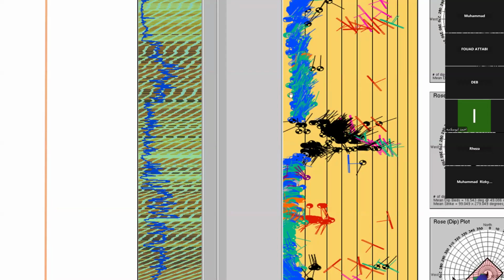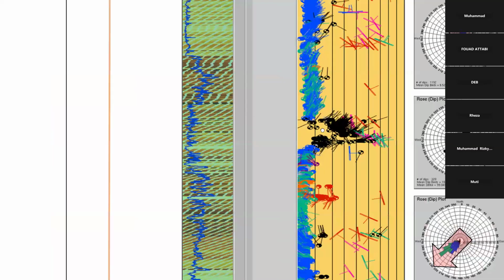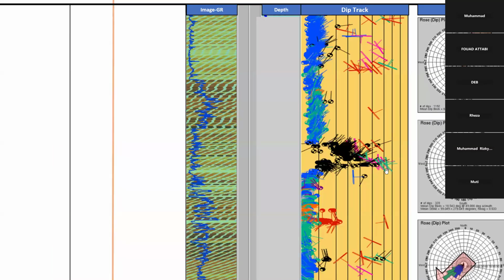By noticing these criteria, there is a change in dip attitude and dip direction. So we can make a projection between the bedding planes along the southwest-northeast direction, and we can detect that there is some sort of fault across this interval.